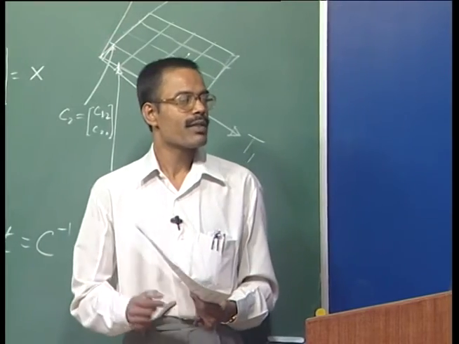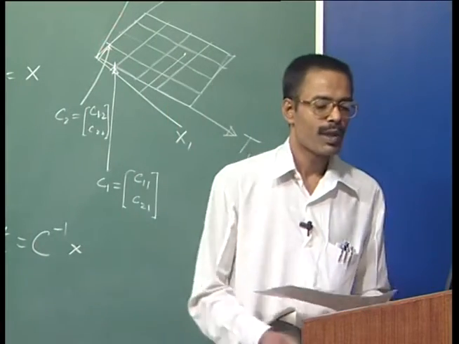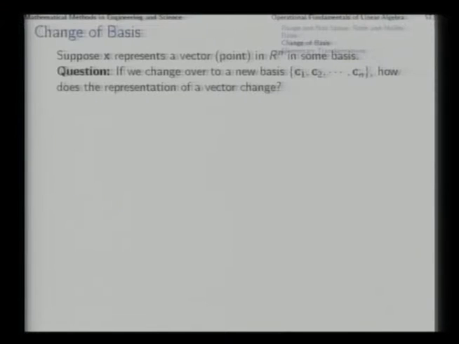As we formalize this methodology, we say that suppose x represents a vector or point in Rn in some basis. Now, if we change to a new basis consisting of these as the basis members, then how does the representation of the vector change?